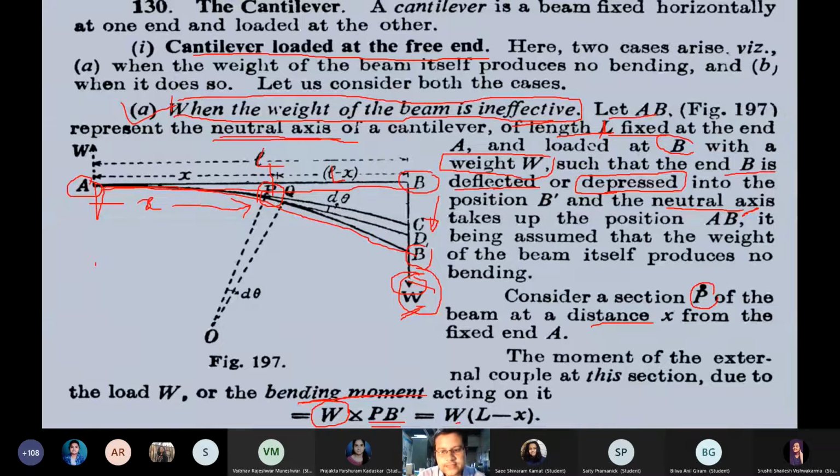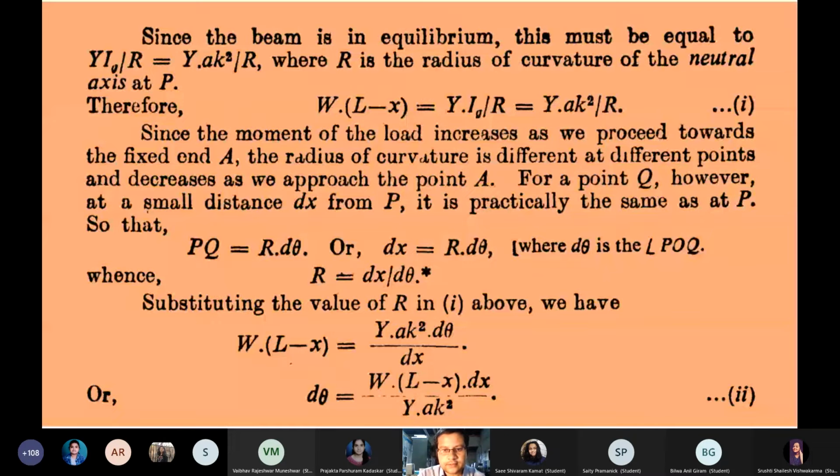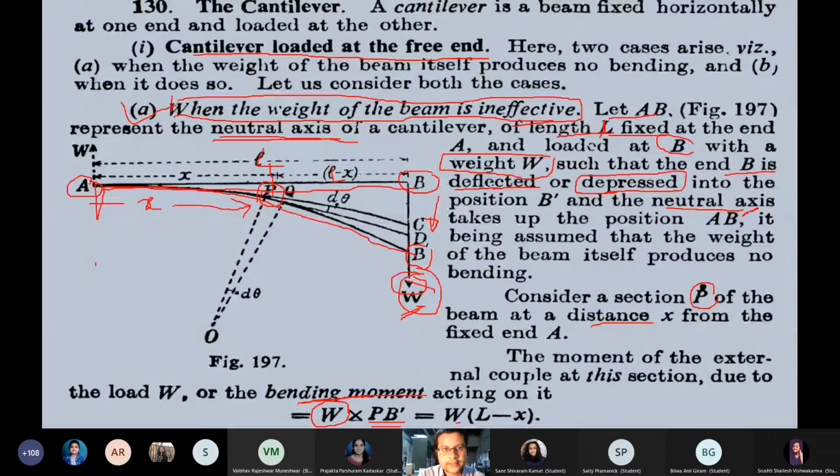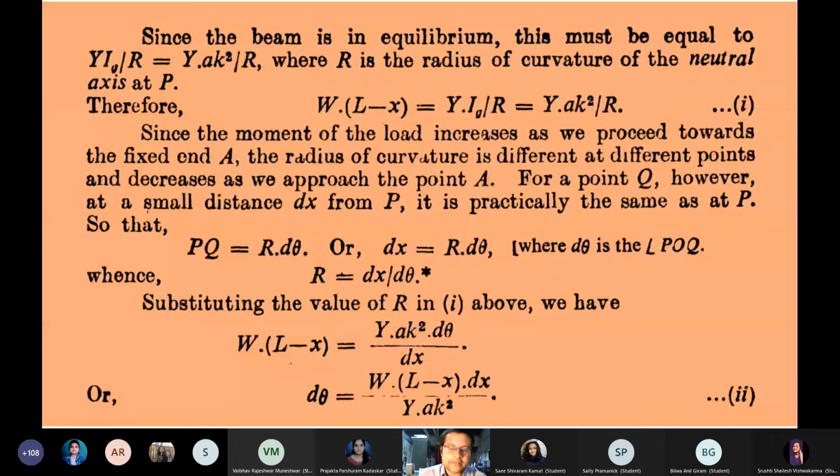Now I'll move on. Since the beam is in equilibrium, this must be equal to YIg by R. Yesterday we talked about how the bending of a beam is equivalent to the Young's modulus times the geometrical moment of inertia divided by the radius of curvature, and we defined the geometrical moment of inertia in terms of its area and the radius of gyration.